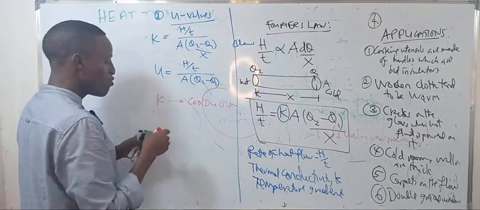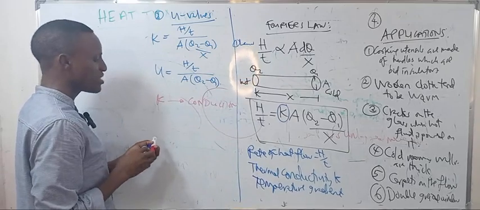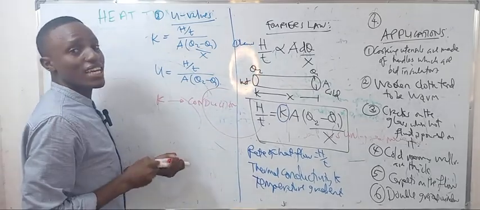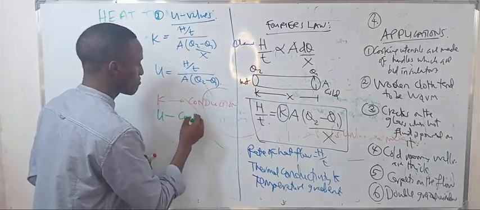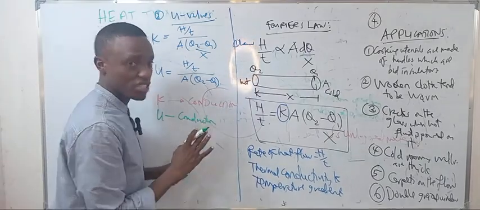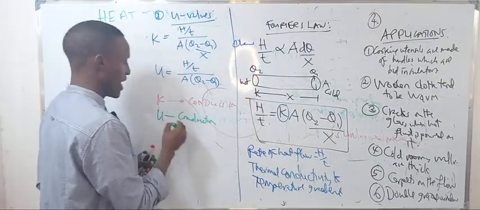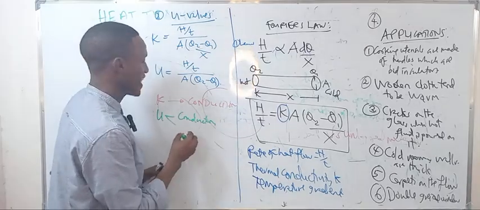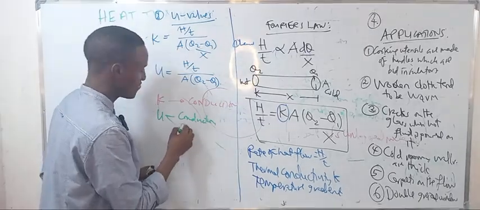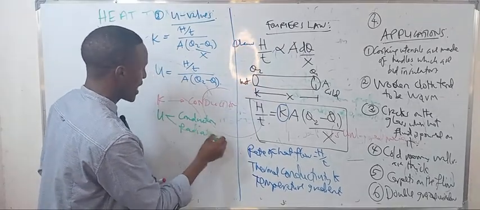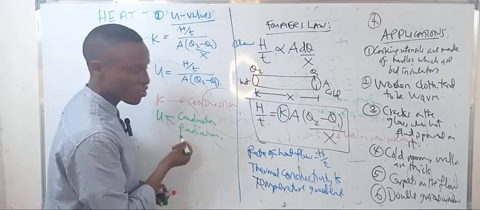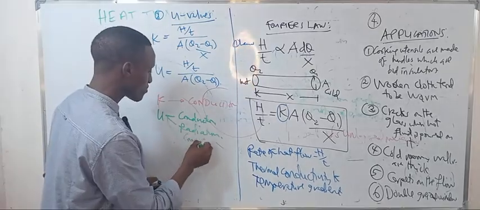But the U value considers conduction, because in conduction there is a difference in temperature, and in radiation there is a difference in temperature, radiation from the hot object to the cold object. And what is convection? Convection.